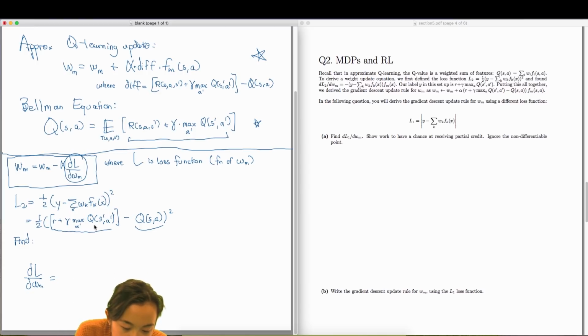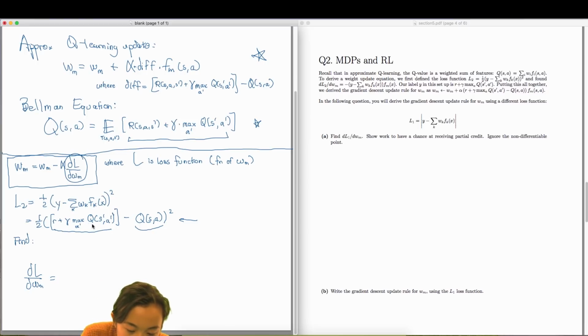Essentially here we're trying to change the weights in order to encourage Q to be closer to this value here. In other words, we're implicitly trying to encourage the Bellman equation to hold with equality.